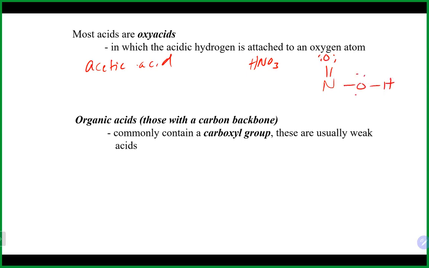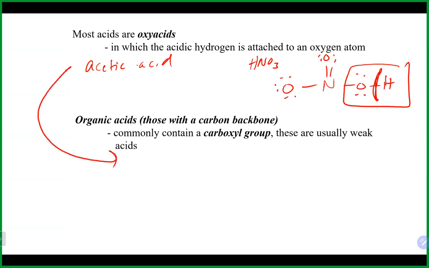If not, this is what it looks like. And in this particular case, it is actually this part of it that is the acid part. It is this H that comes off. That's the H plus that actually gets removed to make it an acid.